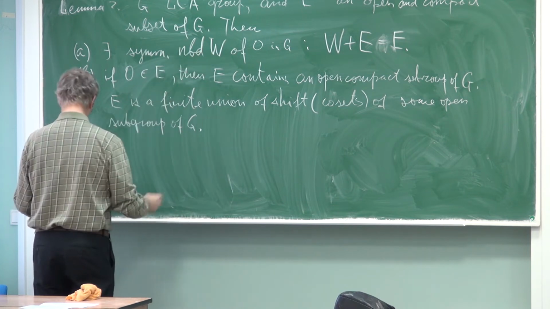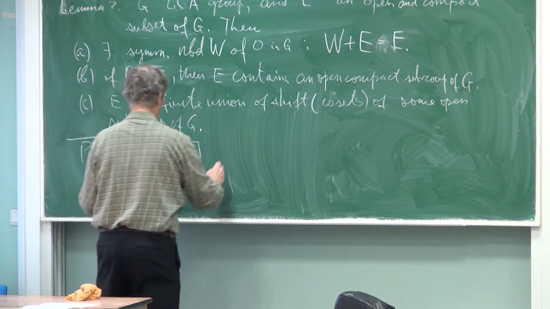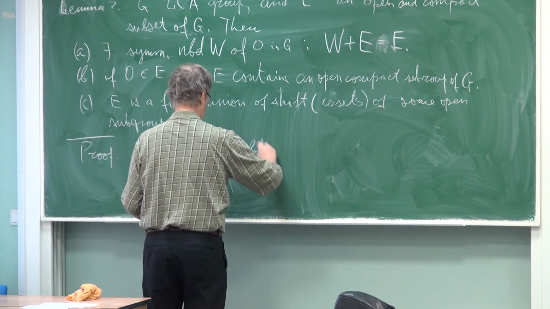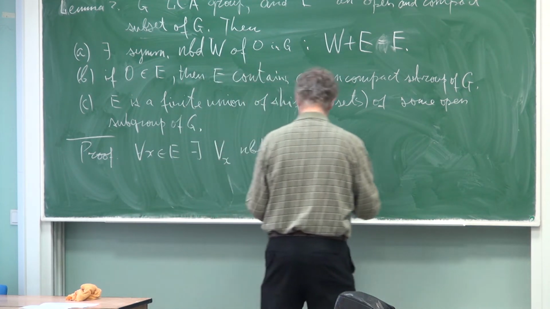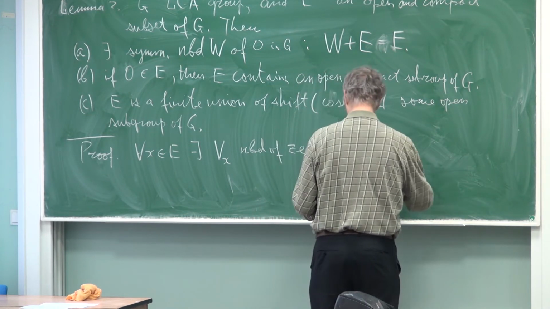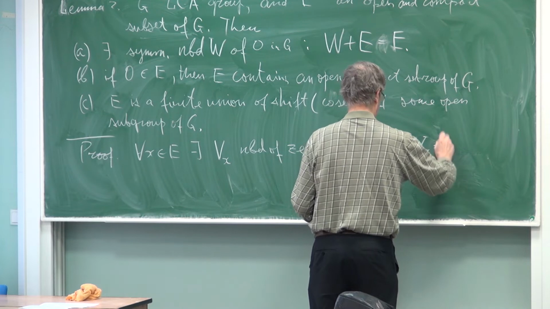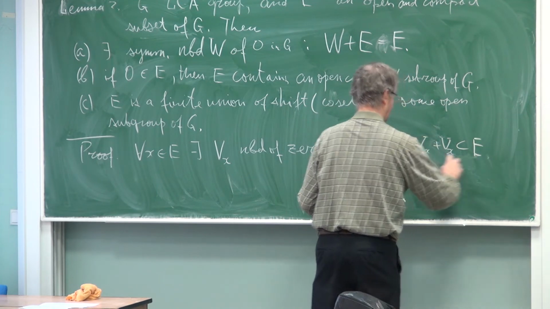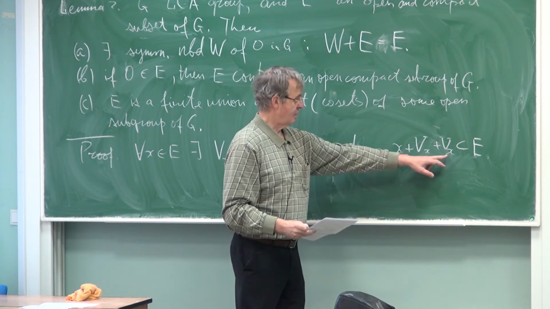Our E is open, so for every x in E, there is a neighborhood of 0, Vx, such that, I demand even more than you can imagine, x plus Vx plus Vx is included in E. This is because of the continuity of the sum.